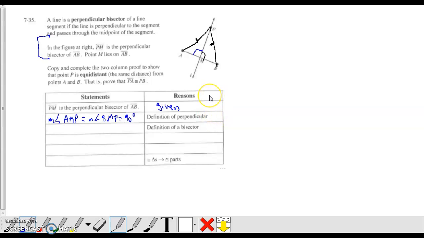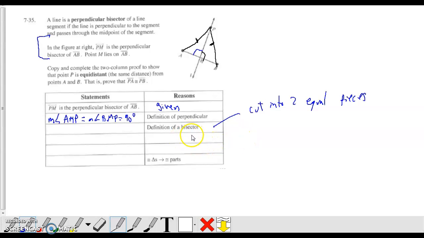Okay, so again, sometimes instead of writing out two ovals, we can just have one thing. Definition of a bisector. So what does that mean? It means it's cut into two equal pieces. Again, this could be a bisector of a line, or a bisector of an angle, right?